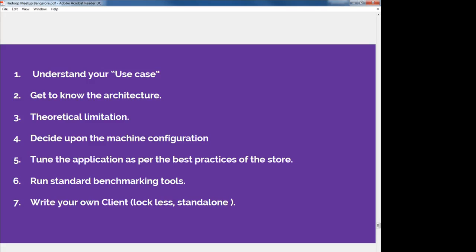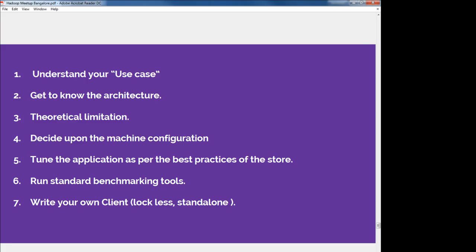Whenever you start benchmarking a particular data store, say Cassandra or Aerospike, know the architecture and your use case properly. For example, your use case may be to write continuously and read only once a day for analytics purposes.